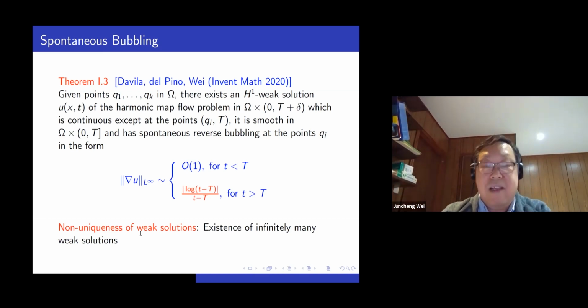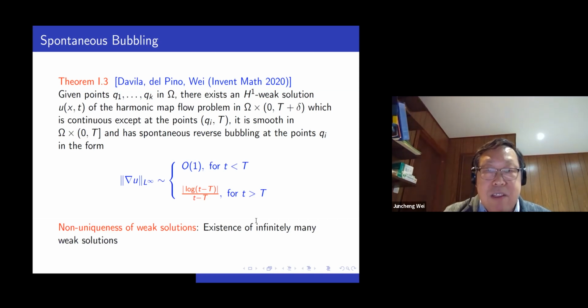So you can simply cook up infinitely many weak solutions, right? So this is quite interesting, because this existence of infinitely many weak solutions, you prove this by growing any bubble.